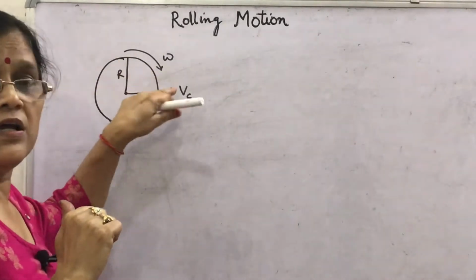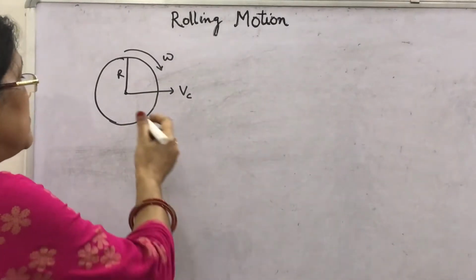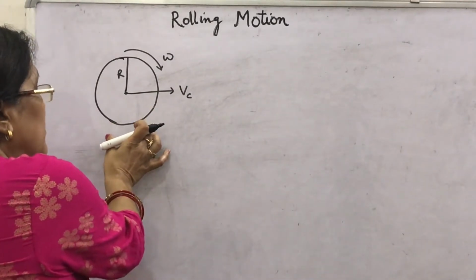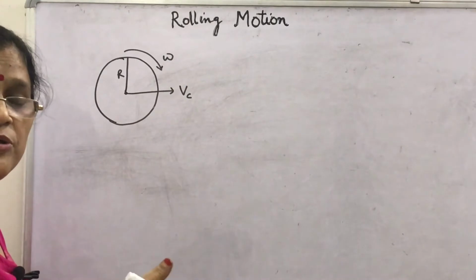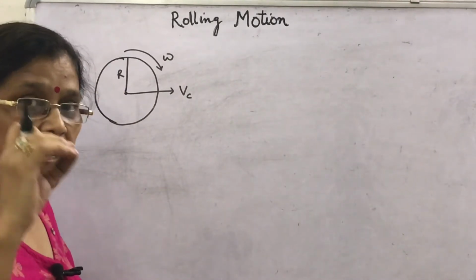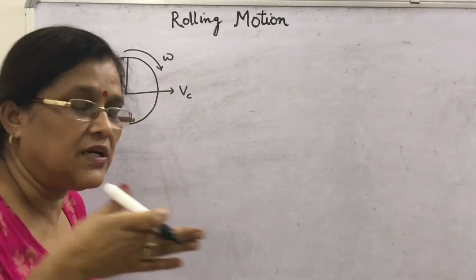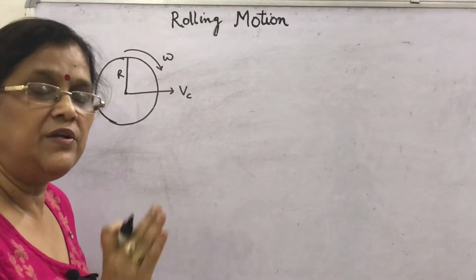Omega is the angular velocity, and if you calculate the velocity in rolling motion, then again you have to find the velocity at each point as the vector sum of velocity in translational motion and velocity in rotational motion.